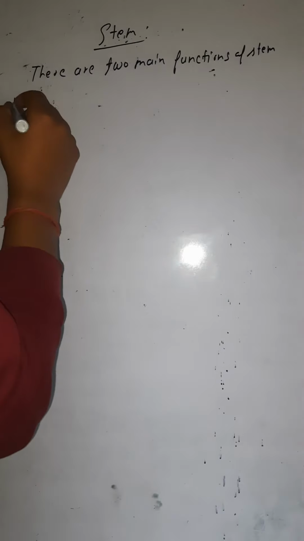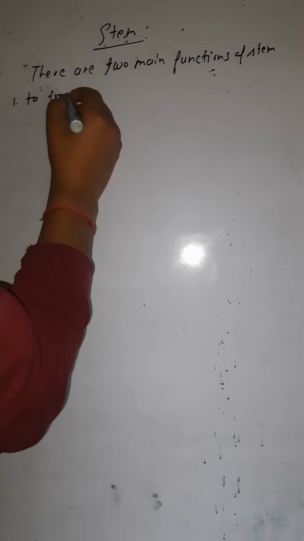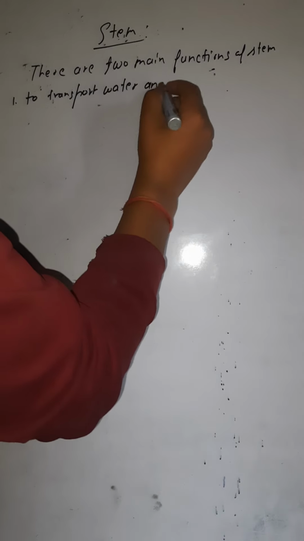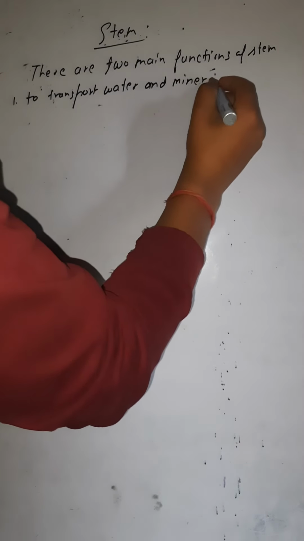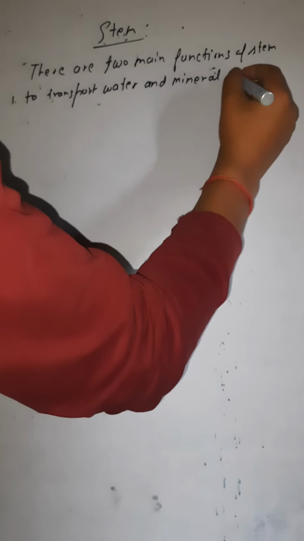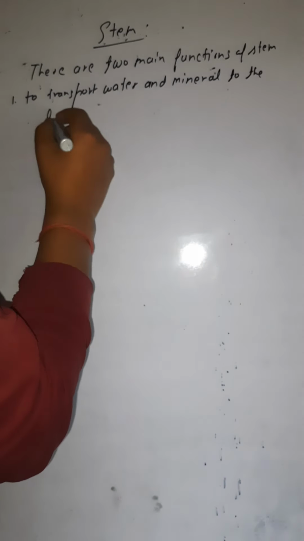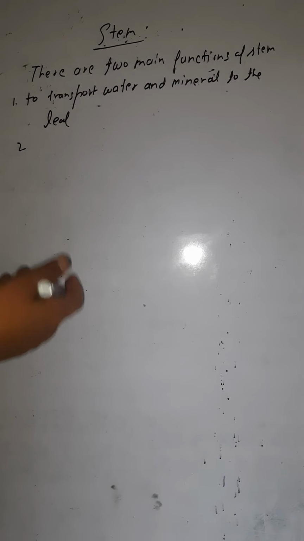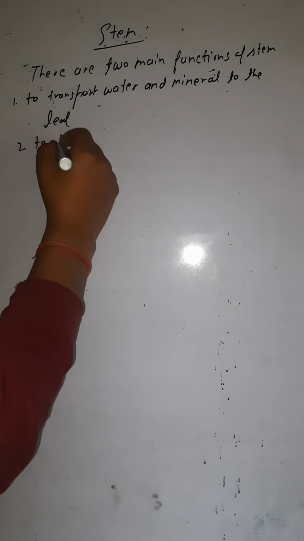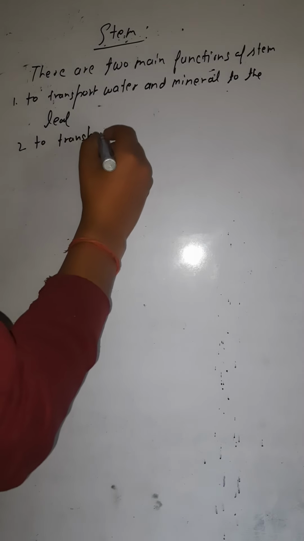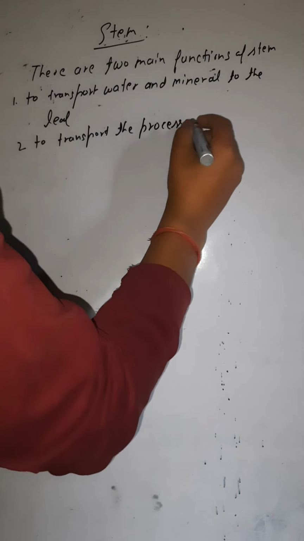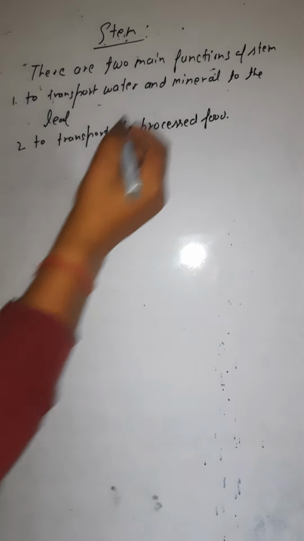First one is to transport water and mineral to the leaf, and the second important function of the stem is to transport the processed food. So these are two main functions of a stem.